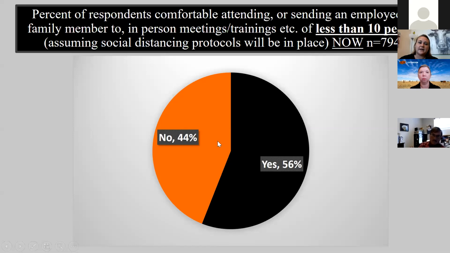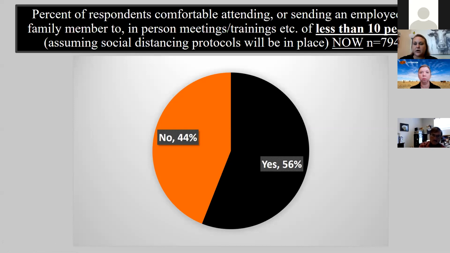So looking at, this is a little bit different than in the paper. This is basically looking at who is comfortable going to or sending someone, a family member, a business associate, to a meeting or training of less than 10 people, assuming that social distancing protocols are in place.